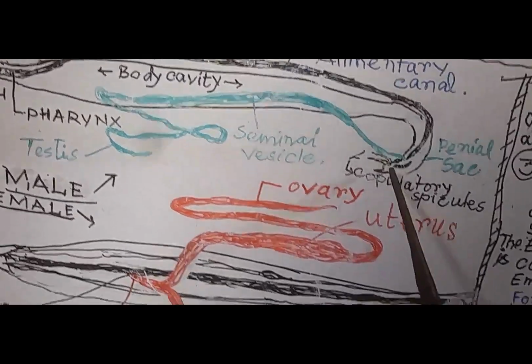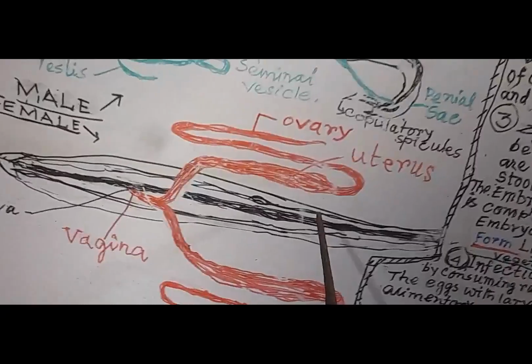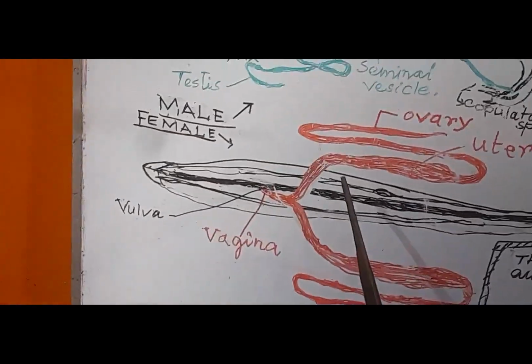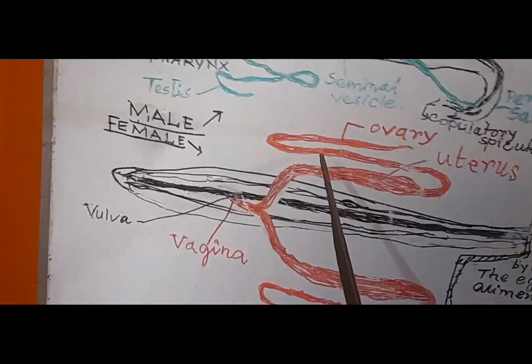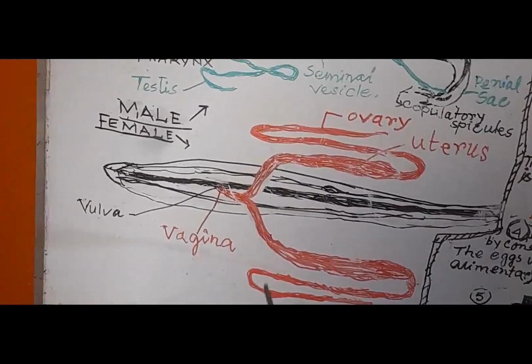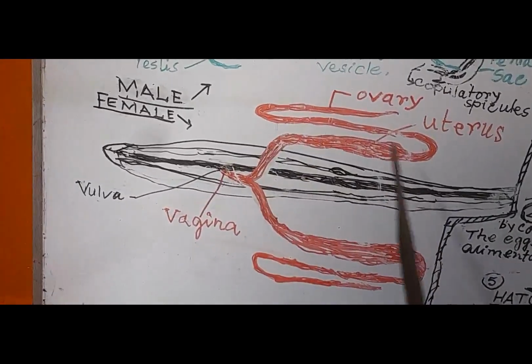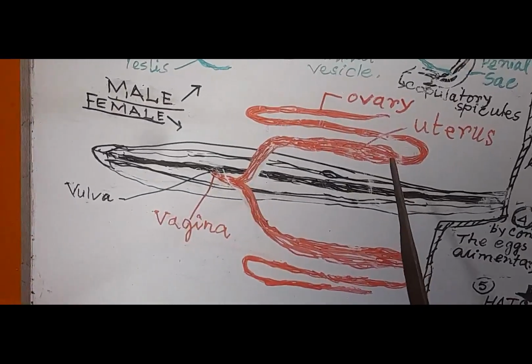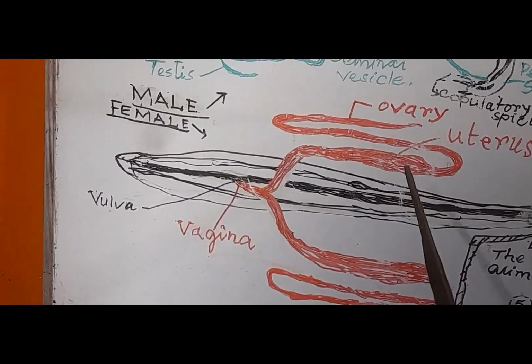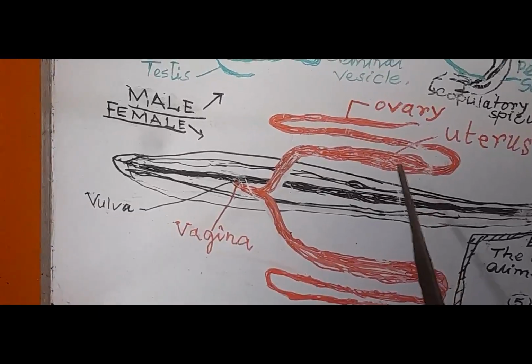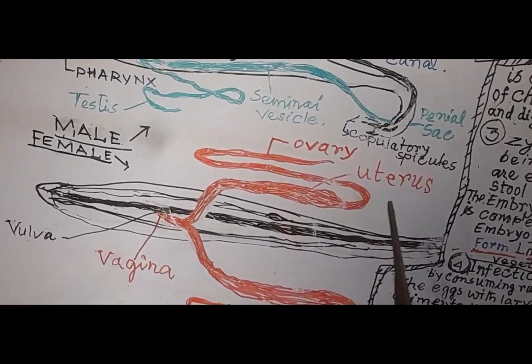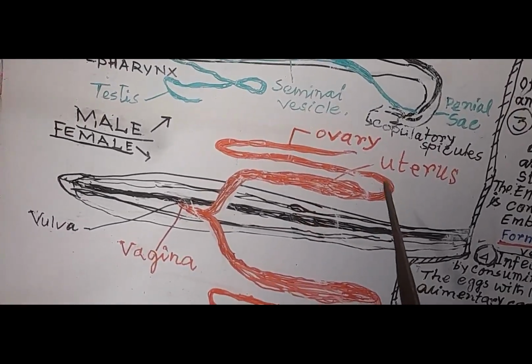But in case of the female, here we see in the body cavity, these two ovaries are settled here. It is also a long tube-like structure, but slightly expanded at its anterior end, and it is termed as the uterus.